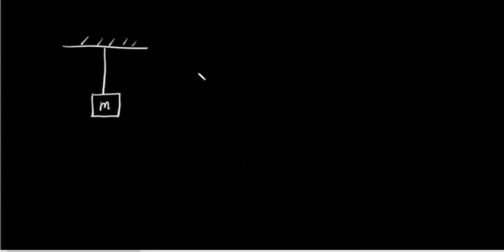If you draw the free body diagram, you will see that there is a tension force upward and there is mg force downwards, that is the gravitational force. Now T is equal to mg, because this whole block system is not moving, the block is not moving up or down, it is at rest, so that means total force acting on it must be 0. So T is equal to mg, right? So this is in an inertial frame of reference.